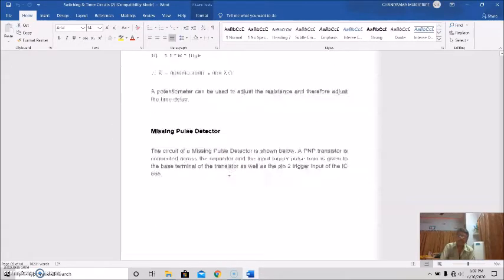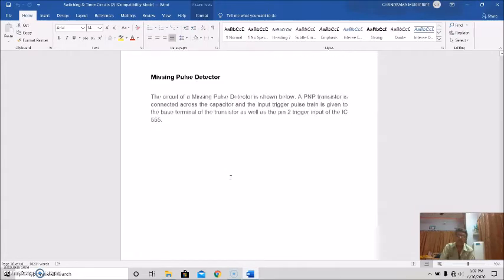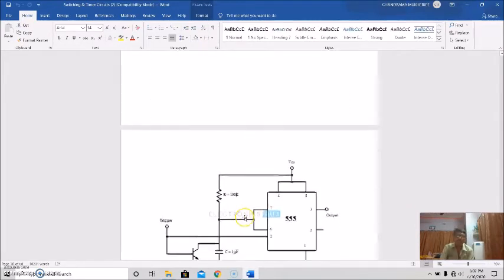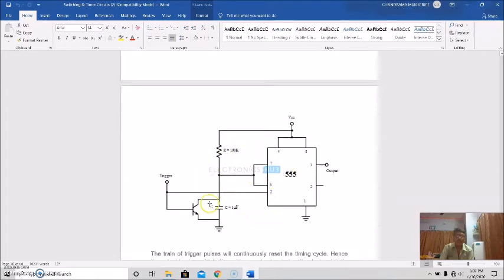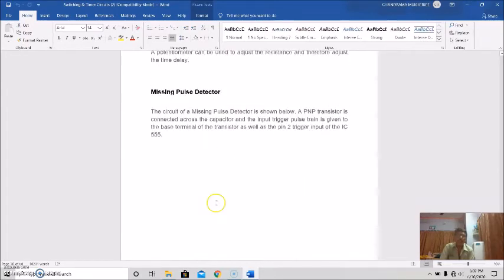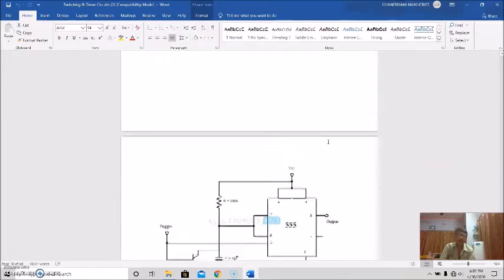Another example we will discuss is the missing pulse detector. See, a circuit of a missing pulse detector is shown here. A PNP transistor is connected across the capacitor, and the input trigger pulse train is given to the base terminal of the transistor, as well as to pin 2, the trigger input of the IC 555.